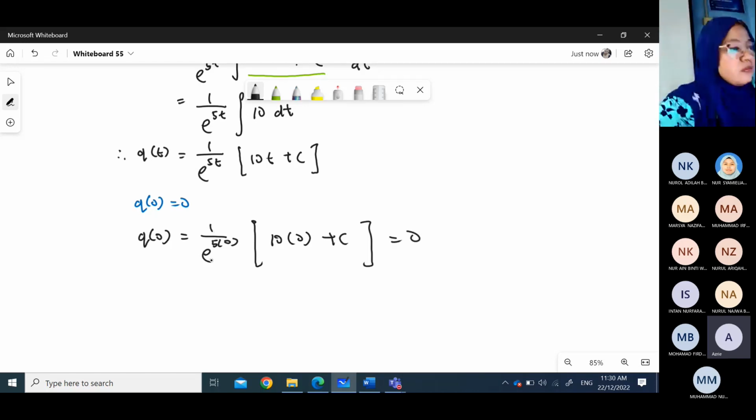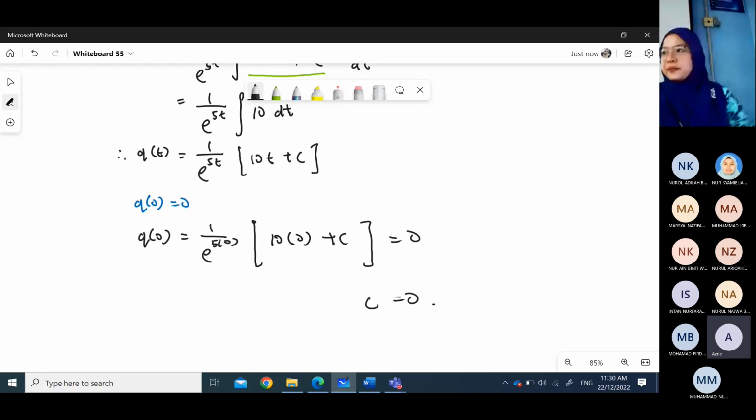Okay? So 1 over exponent 0 is 1. So 1 times 10 times 0, we have 0 here. And this one, 1 times C, C equal to 0.